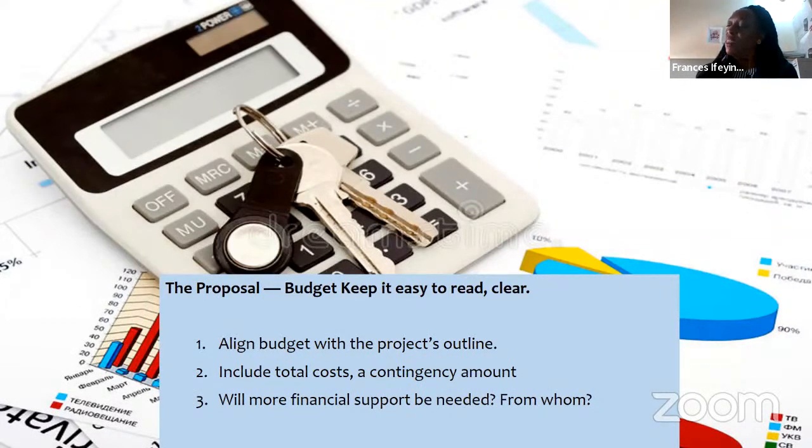Now we're moving into another aspect of the project. So now the next aspect is the financial aspect. We are looking for money, but they want to know how we're going to use that money and how we will account for the money.